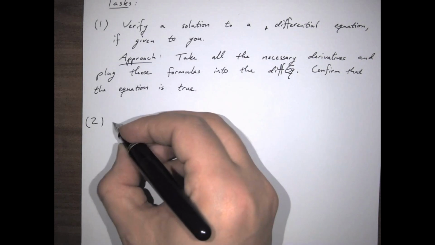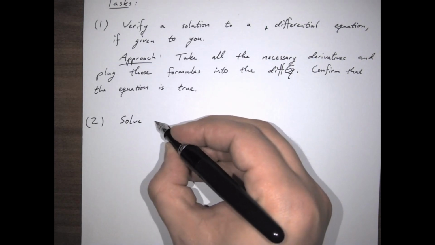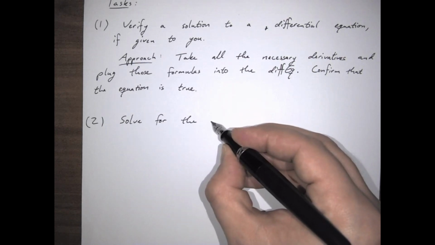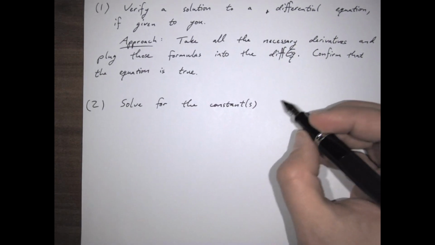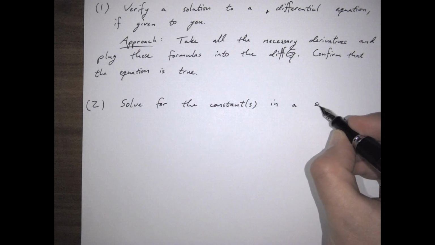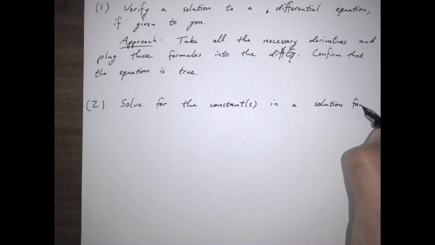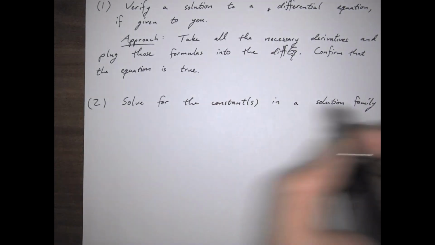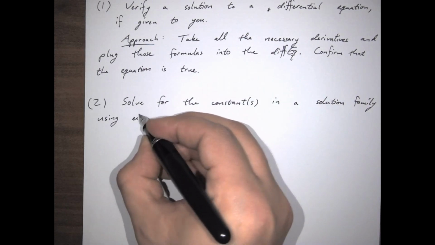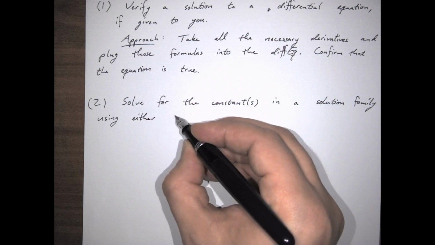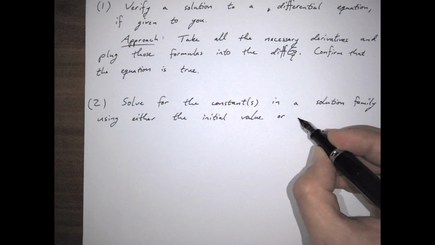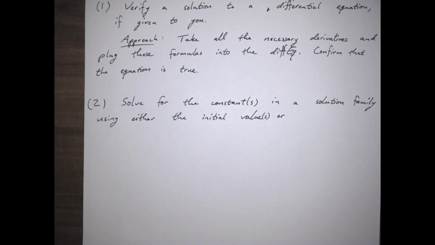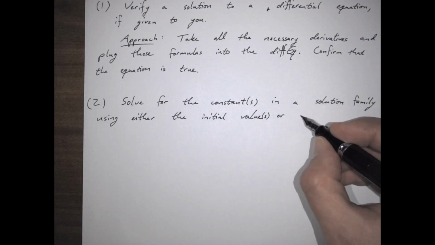So two: solve for the constants, and there may be more than one, or there might just be one, in a solution family using either the initial values, because it might be the value of the function and possibly in addition to that values of the derivatives of the function, or boundary values.